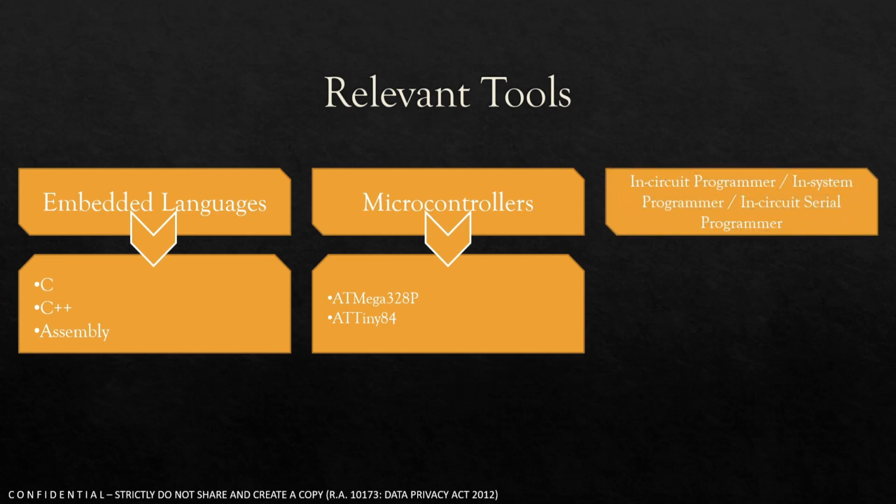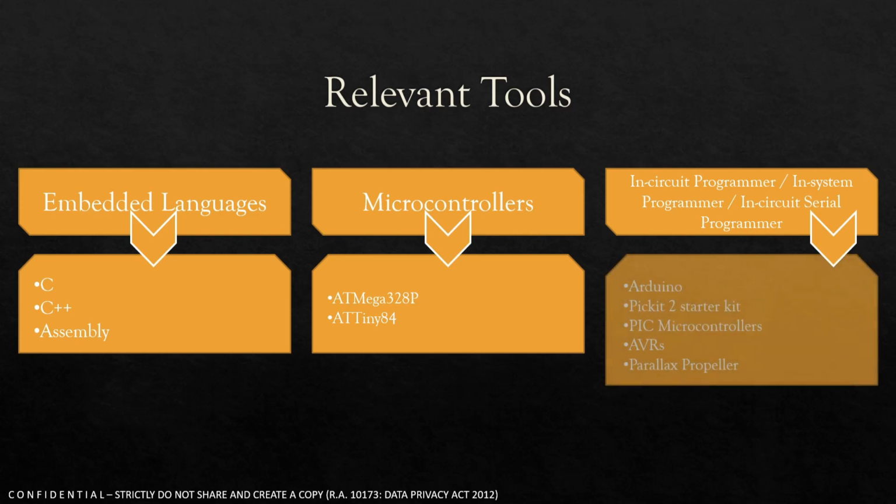For the in-circuit programmer, in-system programmer, or in-circuit serial programmer, we can use different types, such as Arduino, PICkit 2 starter kit, PIC microcontrollers, AVRs, Parallax Propeller, and others. These are the recent technologies that can use an in-circuit programmer.